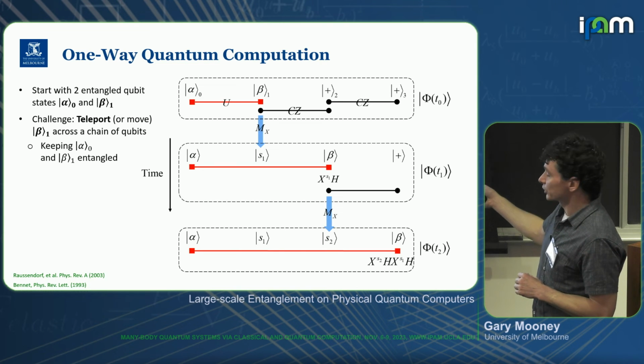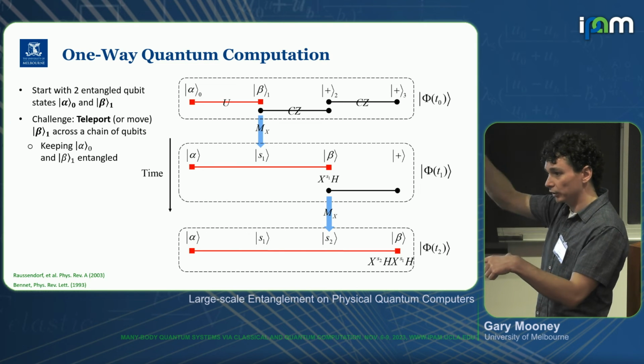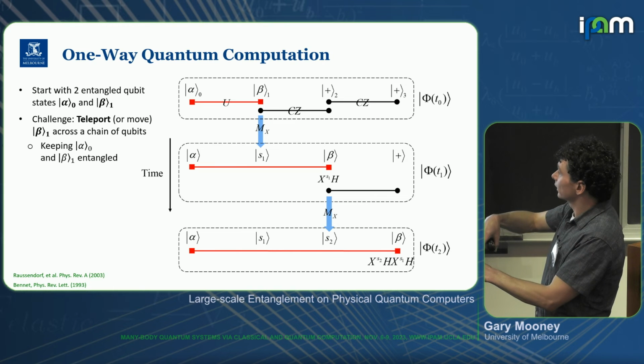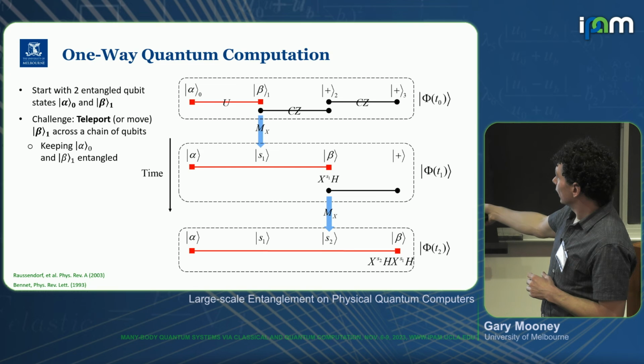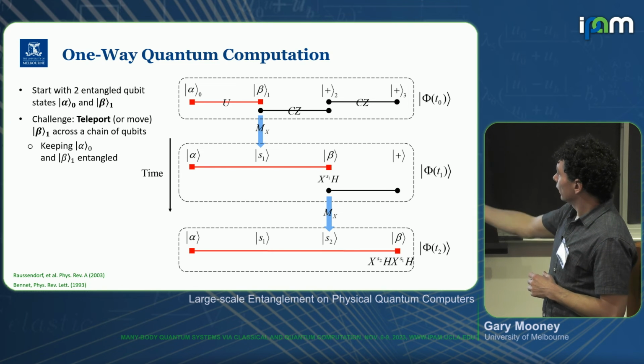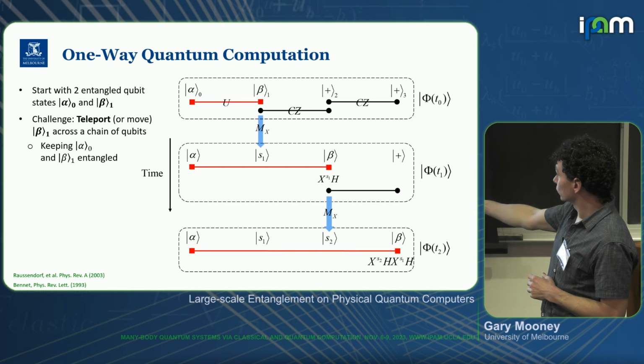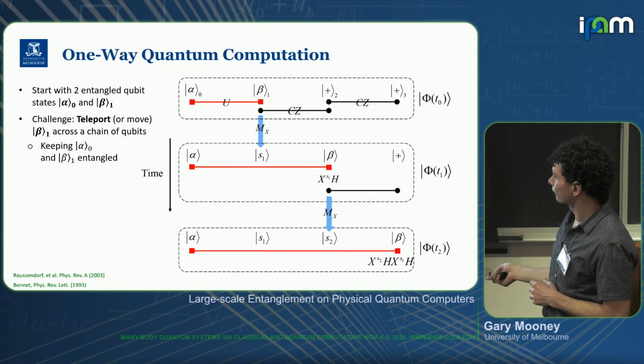This is similar to what I was saying before, like you have a graph state and you can measure it, and if you know the measurement, then you can correct. We do this multiple times, and we can basically hop this Bell state across qubits like this. And that's what the correction looks like.